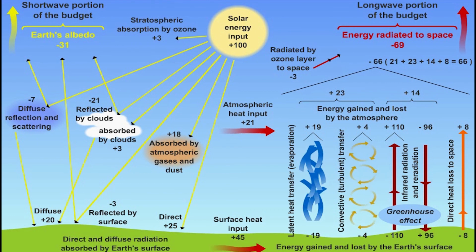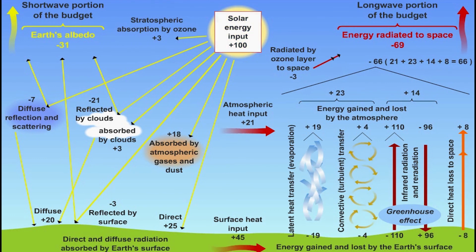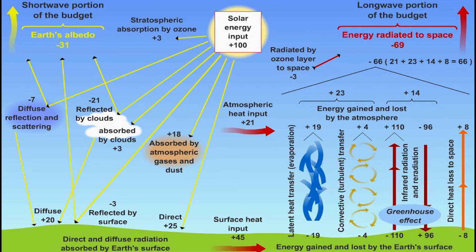So it absorbs 3, but also re-radiates that 3 out. And so there, if you add all of that, as in 69 eventually going back out to space, plus the 31 that was reflected directly back out to space, we equal 100 units. So the incoming 100 units is balanced by an outgoing 100 units as well.